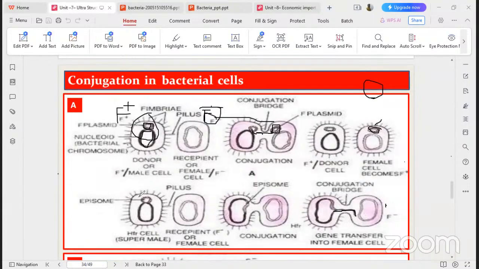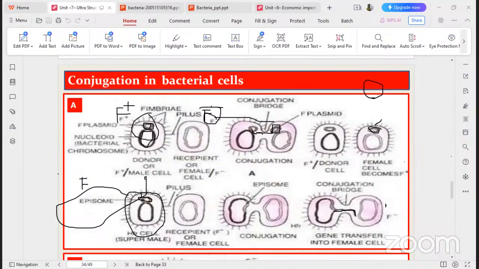Yes sir. This conjugation takes place not only between F plus and F minus, but also between conjugated bacteria and normal bacteria. Whenever the bacterium has an extra-chromosomal replicating gene, which we also already called an episome, that is HFR plus F minus.